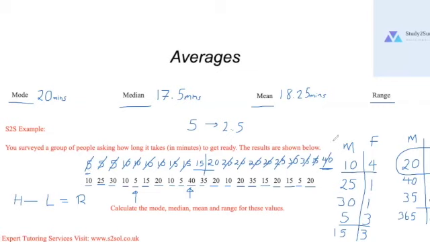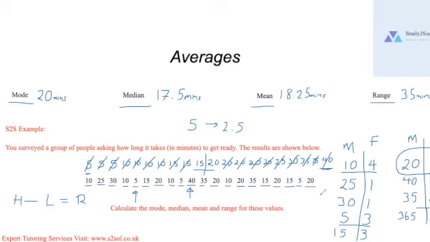So 40 minus 5 gives us 35 minutes. And what this means is that the range of time that it's taken 20 people to get ready is 35 minutes. Okay. And so these are how we've calculated the 4 different averages from a single data set.